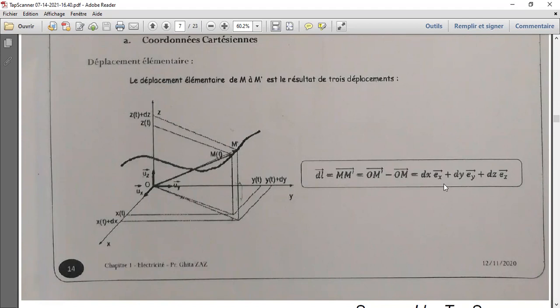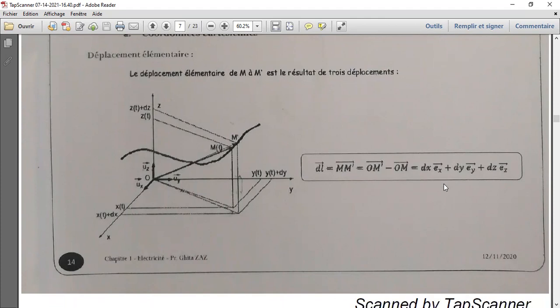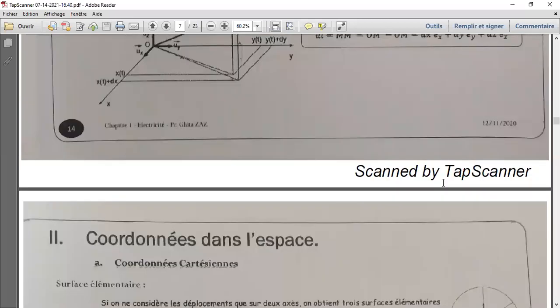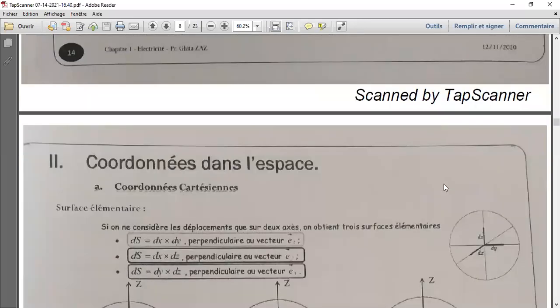You don't usually use the vectors, even when you're calculating the module where you use the Pythagoras theorem formula, the square root, those things. You only include the vectors when you are told to calculate the elementary displacement MM prime. I hope it's clear. Yes, it is. Thank you. Okay.